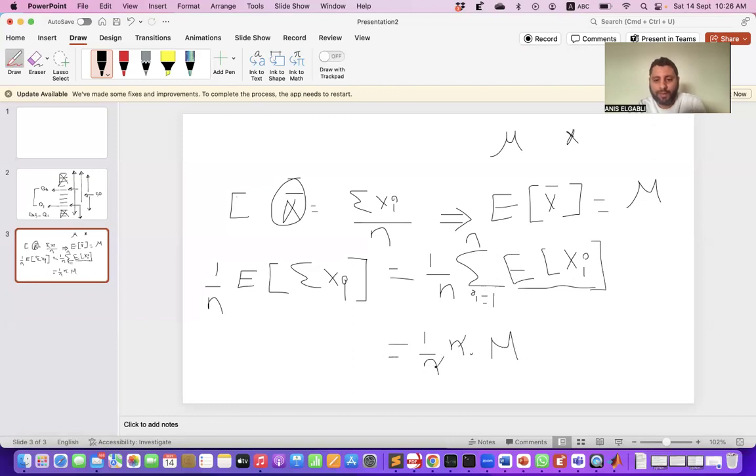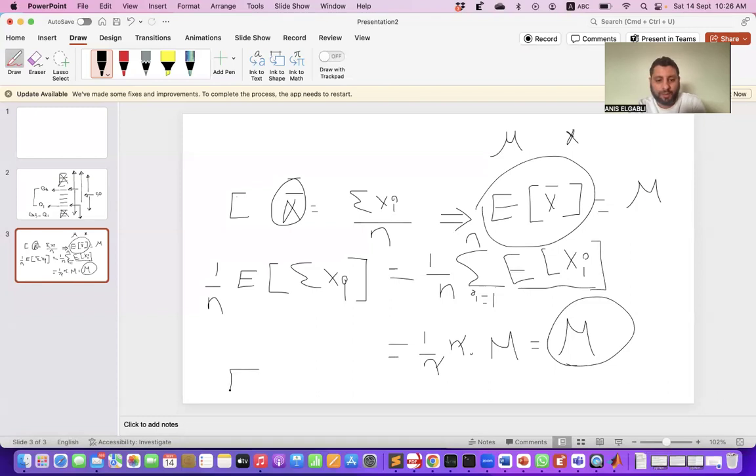The n cancels with n. That is equal to mu. So the expected value of x bar is equal to mu. So this is unbiased. X bar is an unbiased estimate of mu.